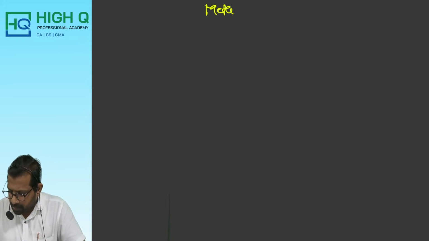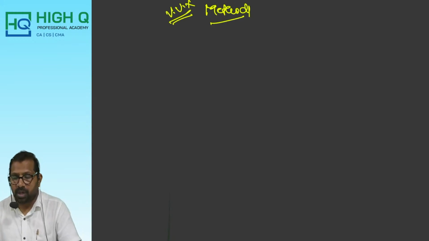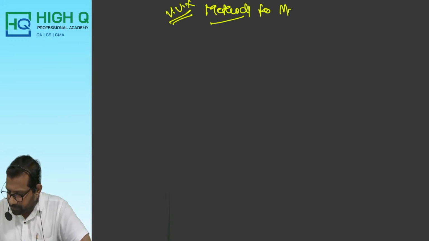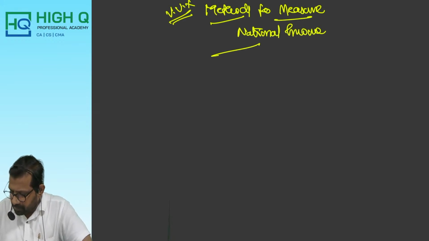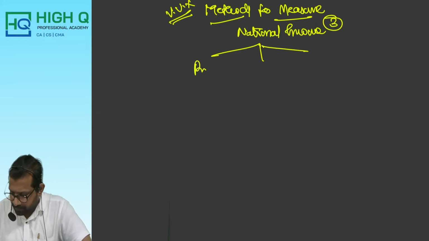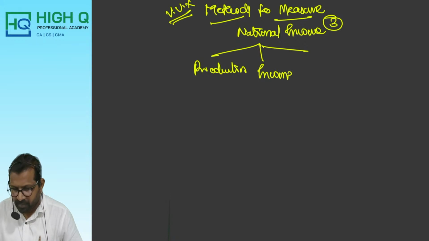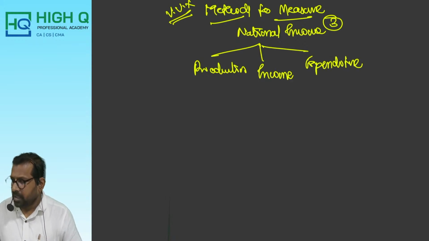Then methods, from the examination point of view, very important. The methods to measure national income. Point number 1, there are 3 methods: production method, income method, and expenditure method.